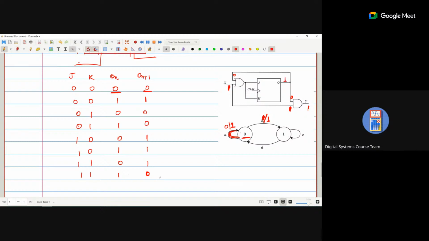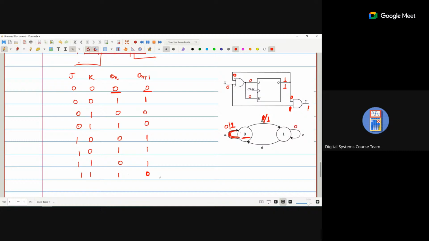Now when the present state is 1, next state is also 1. So what is the meaning of this one? Either we are getting a 0 0 here. So when it is a 0 0, this will be 0 and this will be 0.